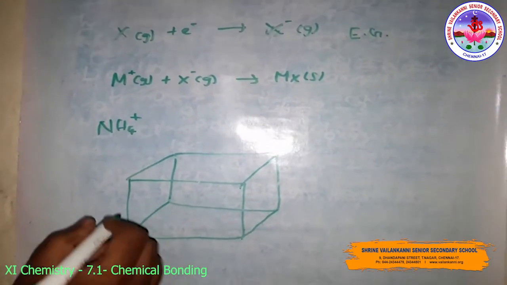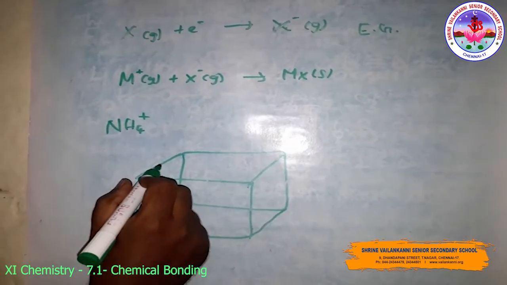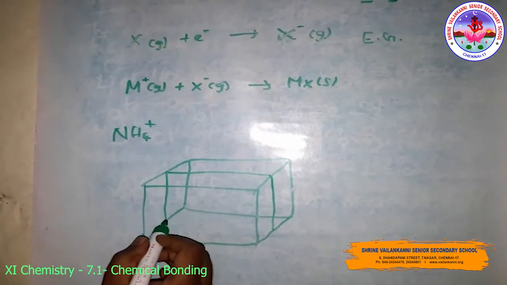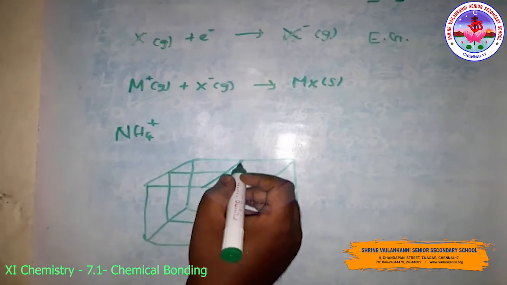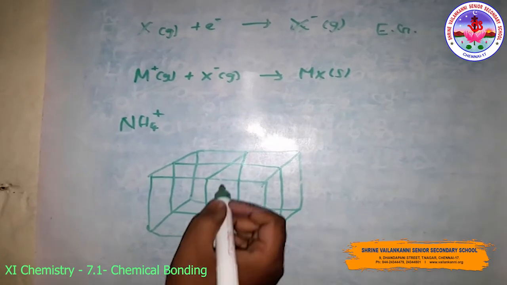So this is the cube. NaCl means, for example, this unit cell you are going to learn in class 12. There we can see the detailed studies.